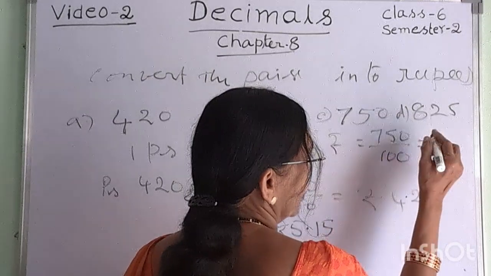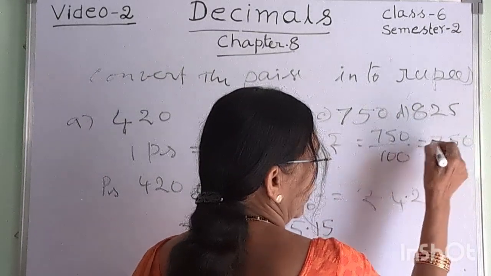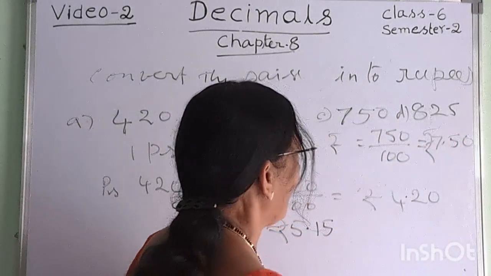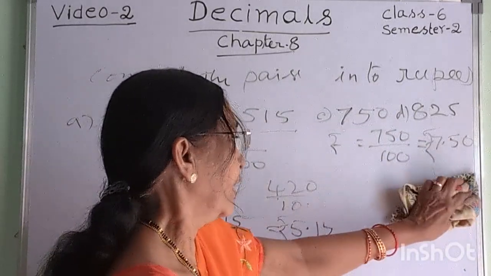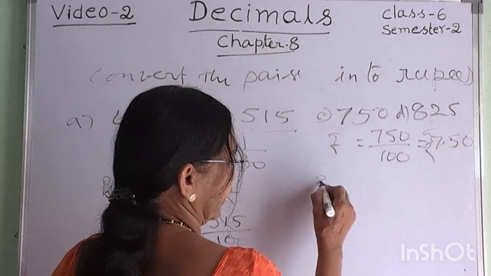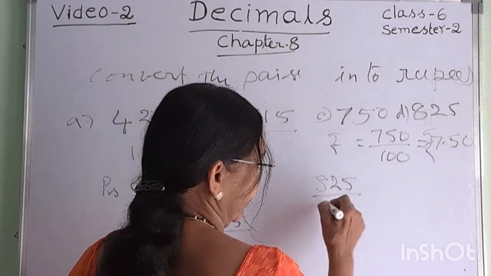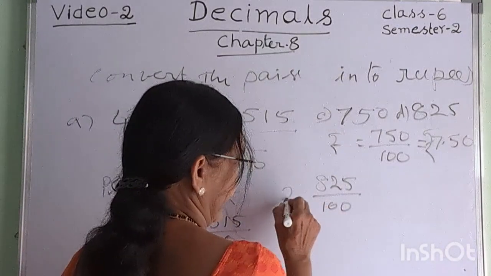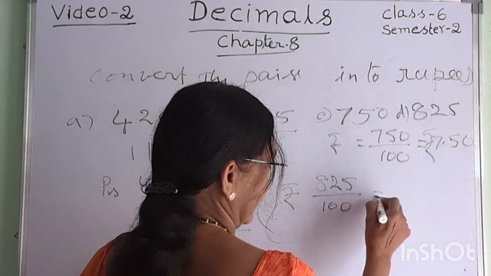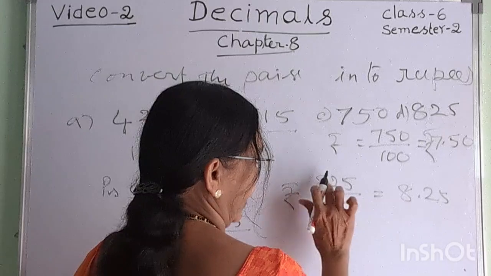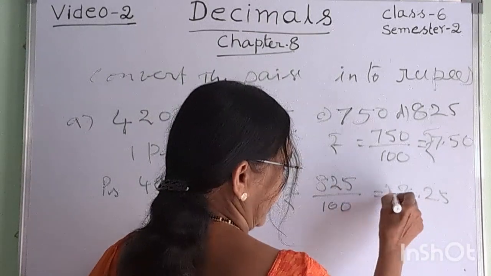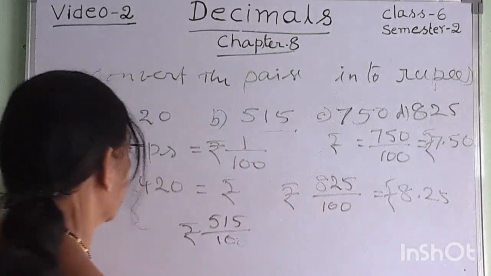That is equal to 7.50 rupees. Next, 825 paise. To convert it into rupees, divide it by 100. 825 by 100 is equal to 8.25. That is 1, 2, and after that I have put the decimal point. These are in rupees. That's all.